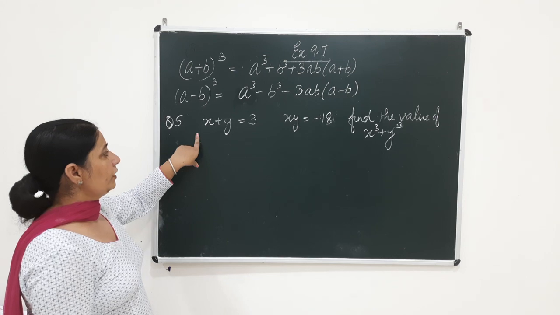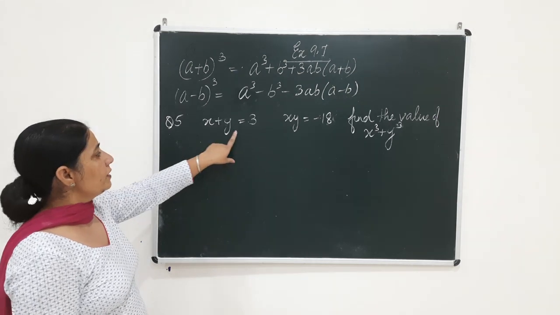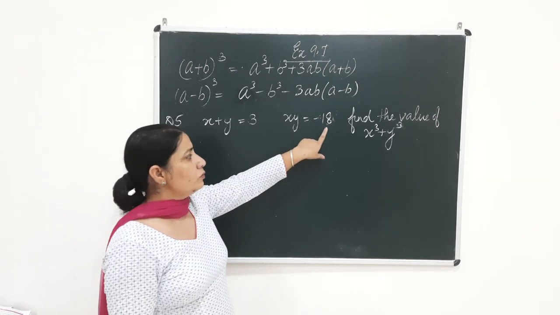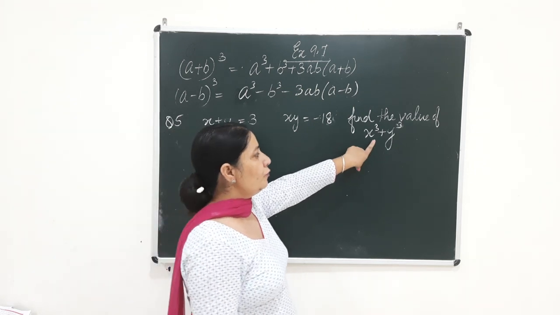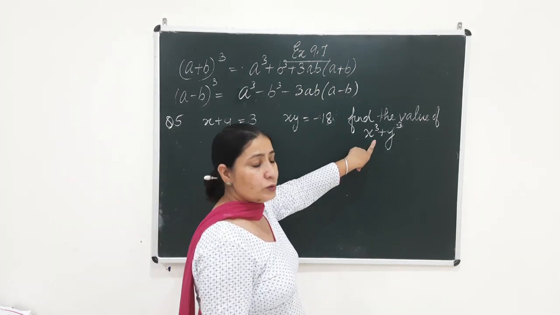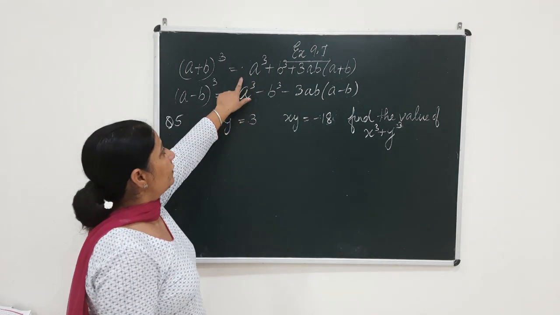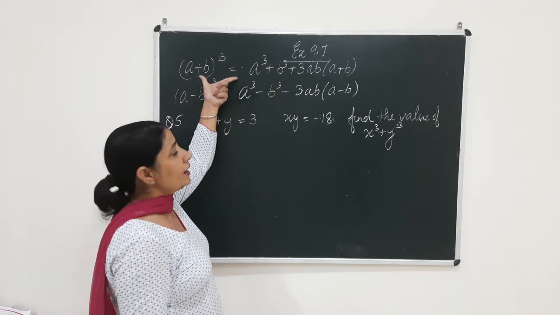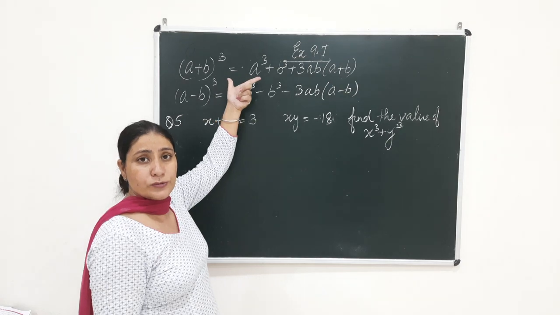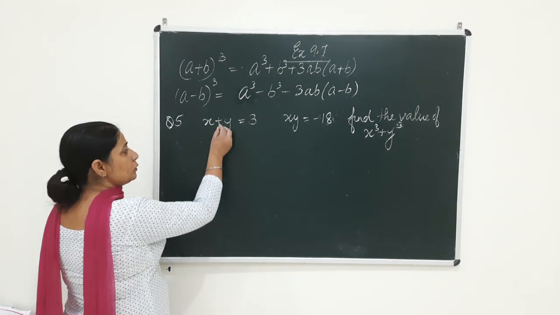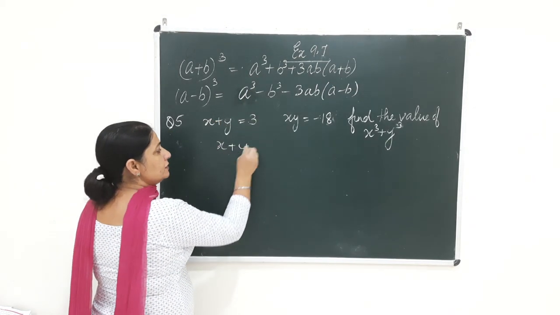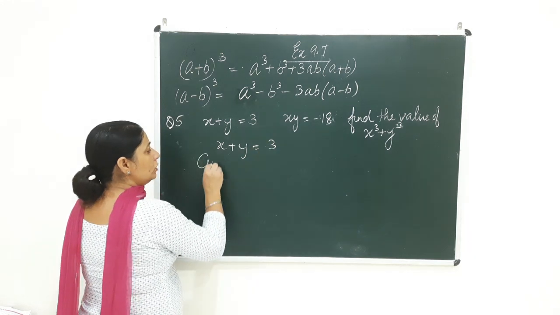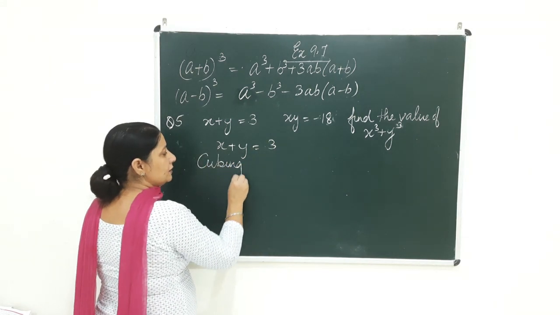So question number 5, I am given that x plus y is equal to 3, x into y is equal to minus 18, and I have to find the value of x cube plus y cube. Beta, x cube plus y cube is a cube plus b cube, right? So it is part of my identity a plus b the whole cube. Okay? So if I start with this one, x plus y is equal to 3 and I do the cubing of both sides.